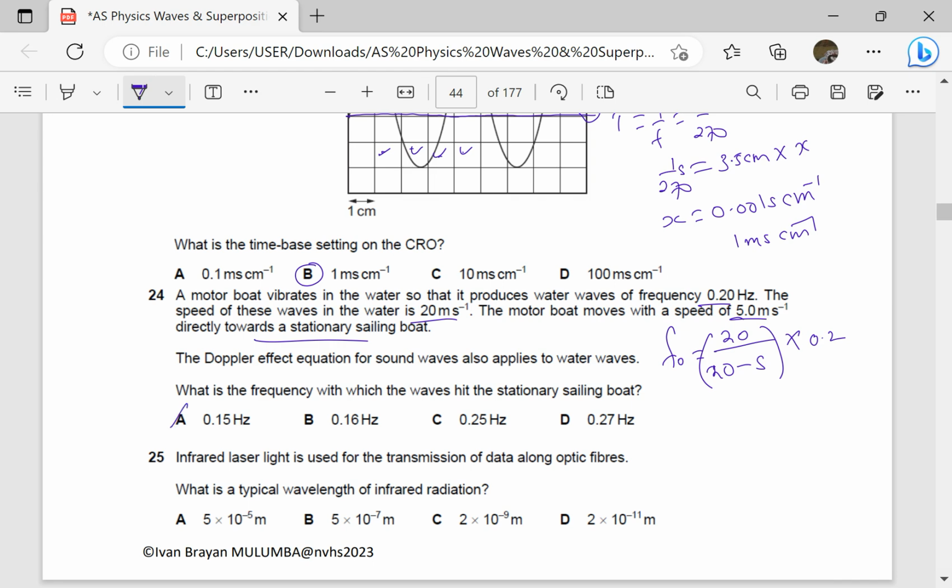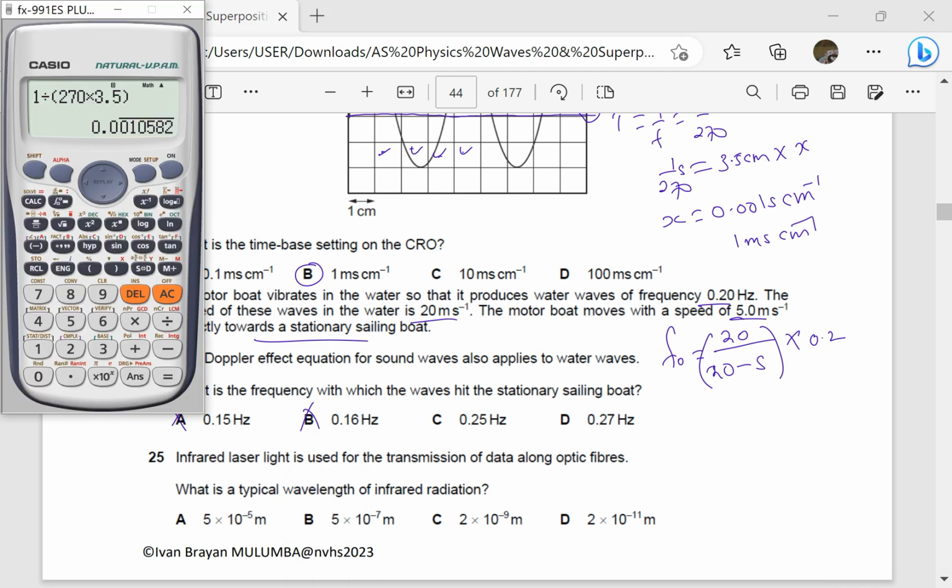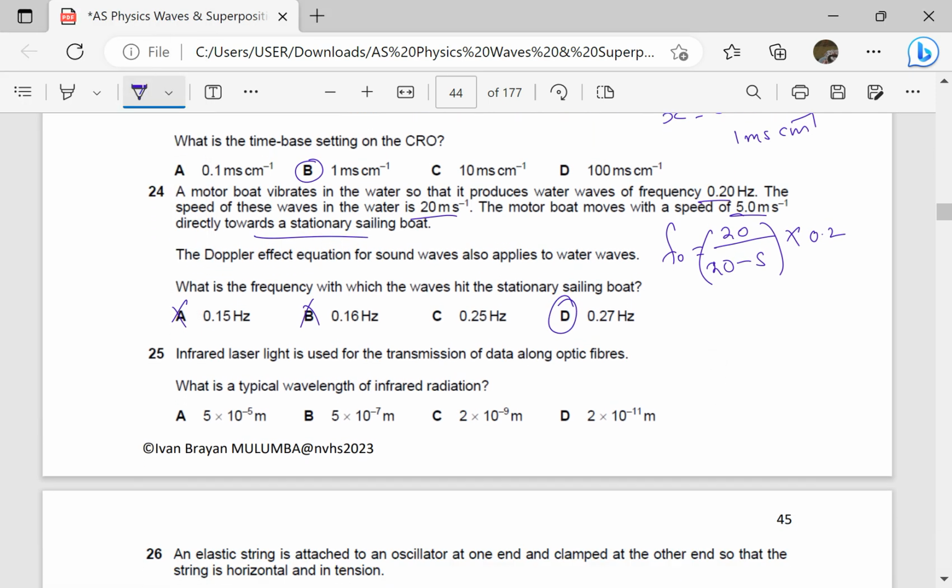That means I cannot even check this one. So I check the remaining two. So this will be 20 divided by 15 times 0.2, which gives me 0.26 recurring, which makes it 0.27. So the answer is D.